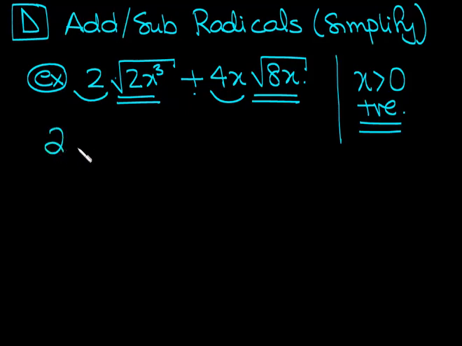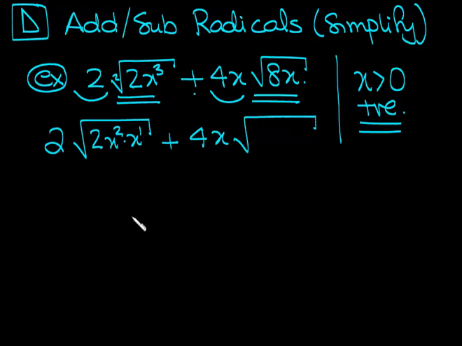So we have 2, which cannot be broken down any further. It's a prime number, so just 2. X cubed, the index is 2 here, so I want to write this power as 2, so I can write it as x squared times x to the 1, plus 4x. 8 is not a perfect square since we're talking about square roots, so we ask ourselves, can I write 8 as a product of two numbers where one of them is?